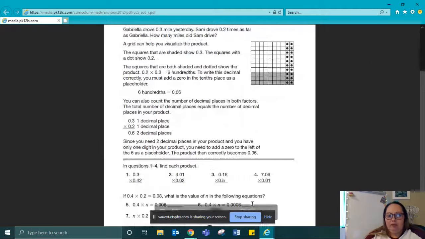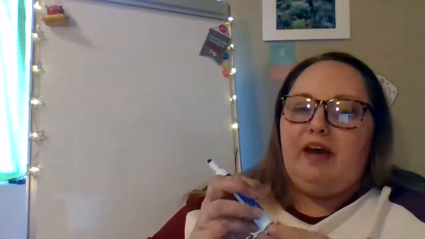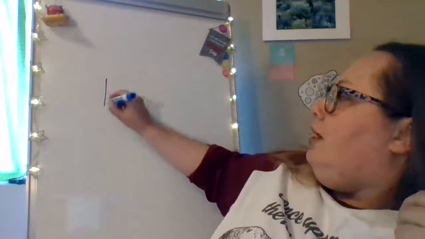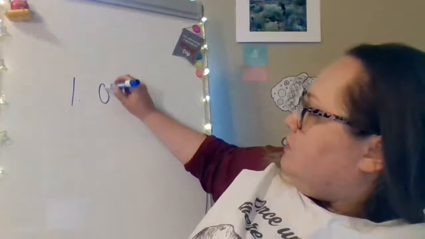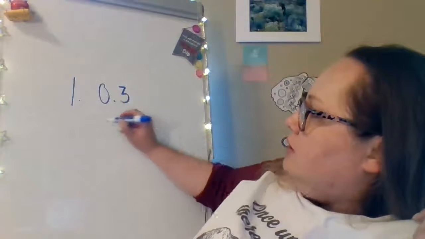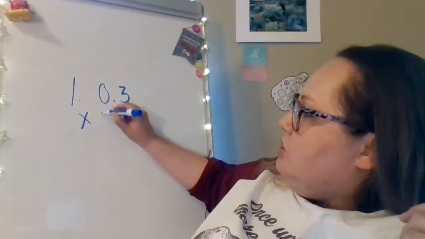So we're going to do the first one together. I'm going to stop sharing so I can show you my work here. I'm going to do number 1 and number 5 with you guys. Number 1 says 3/10, which is 0.3, times 42 hundredths.